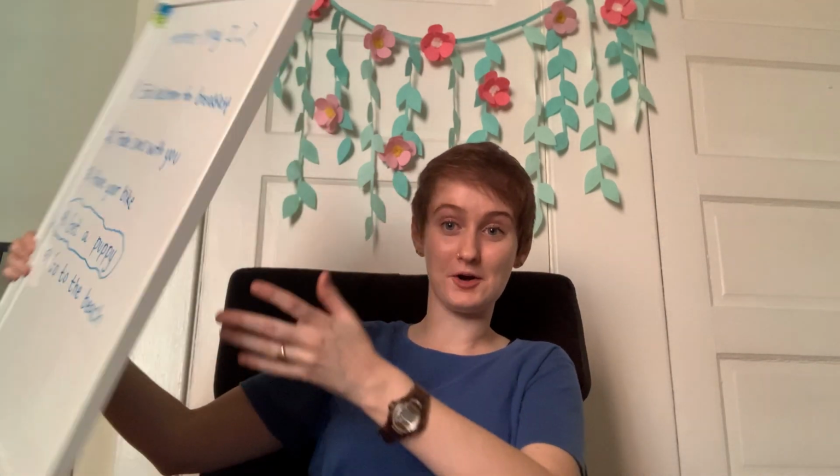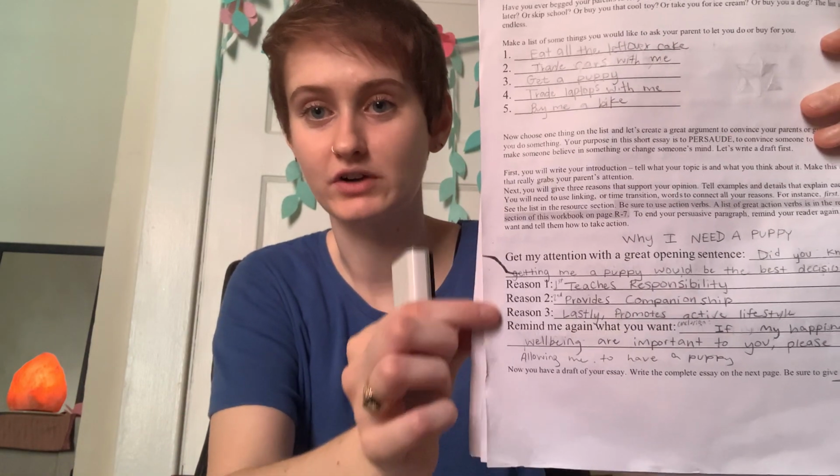Once you've picked out your item, our next thing is to look at the outline that is written on this page, which is Unit 3, Lesson 8, and the page says Mother May I. Right here you'll see an area where it says get my attention with a great opening sentence, with a blank for you to write your opening sentence, and then you'll put reason 1, reason 2, reason 3, and then we're going to close it with a reminder about what we want.